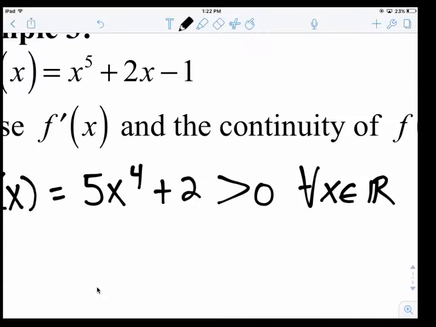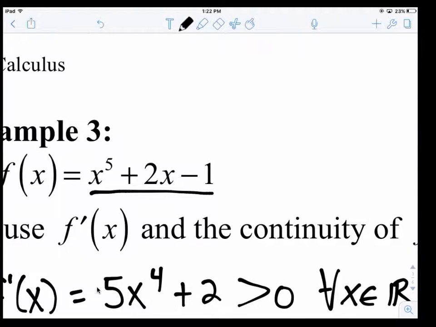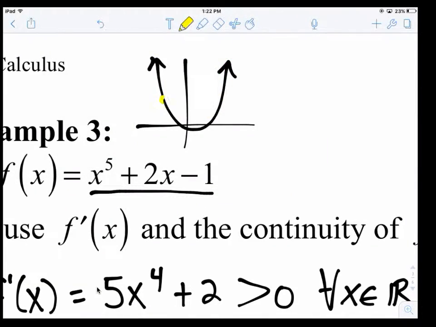So we're trying to show that this is 1 to 1. We want it to be first a function, and we also don't want any y values to repeat. If I have an x squared graph like that, I know that this y value right here repeats at 2 x values.